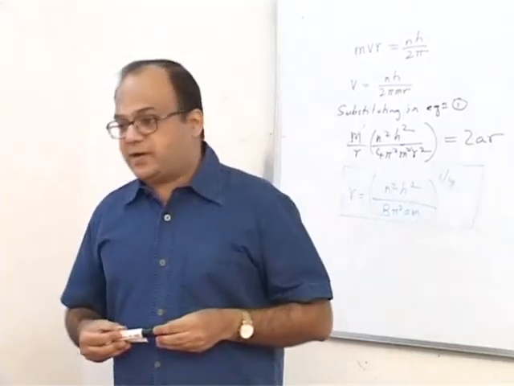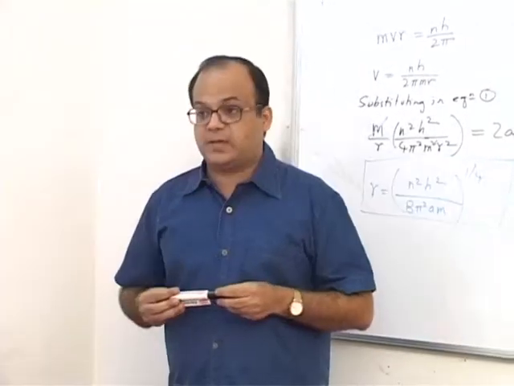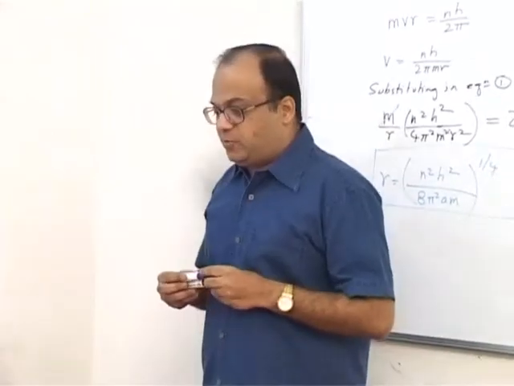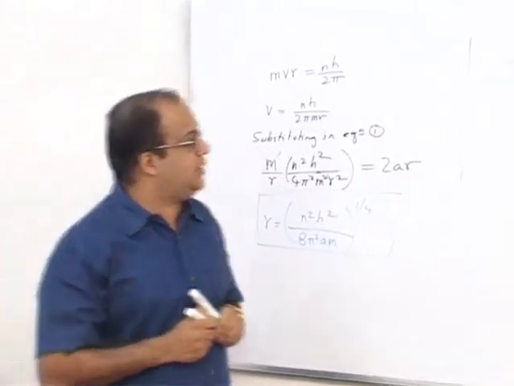An imaginary particle has a charge equal to that of an electron and mass 100 times the mass of an electron. It moves in a circular orbit around a nucleus of charge plus 4e.